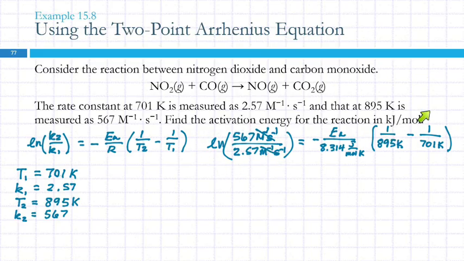And we can find the value of this and divide it by that. And so you might want to write down an intermediate step or two, and you're going to solve for EA. This is a place where you might want to use the solver. So let's try that out.